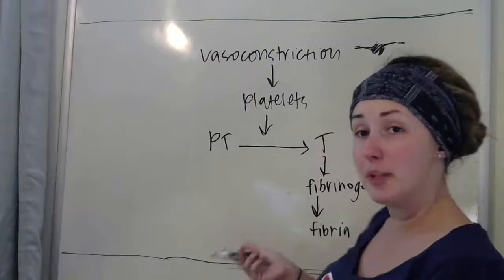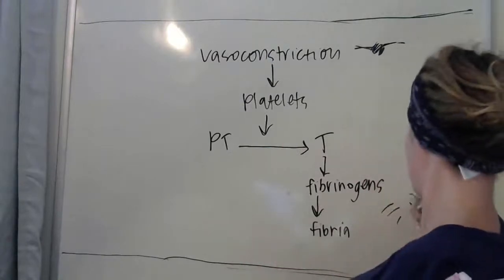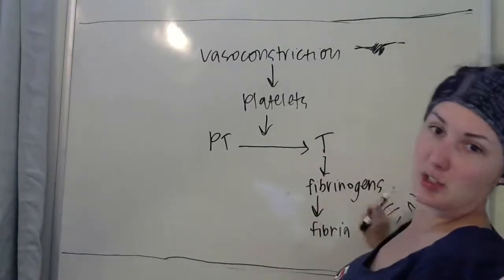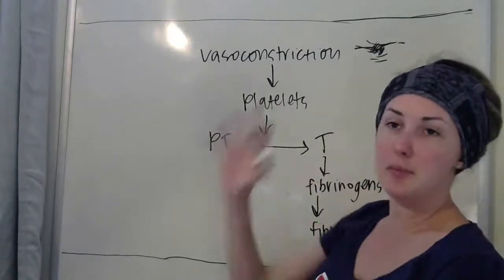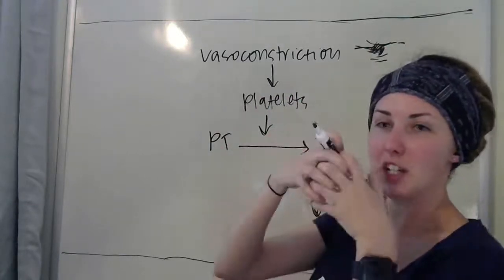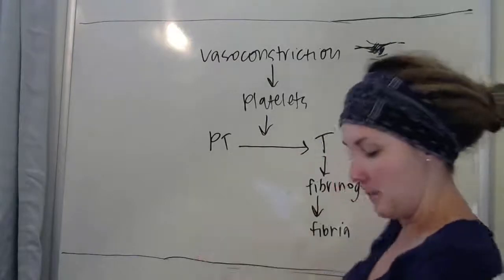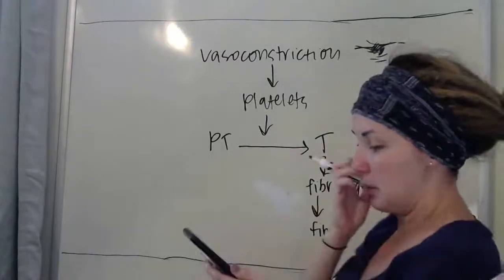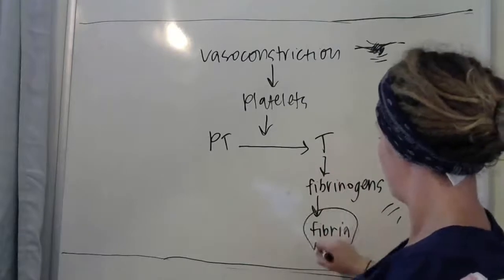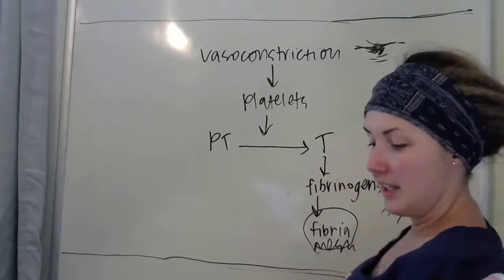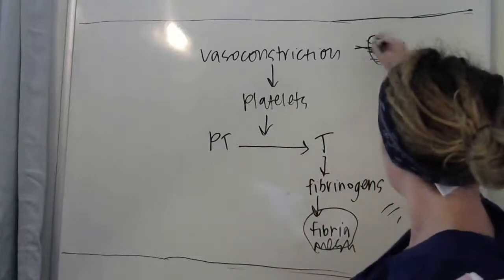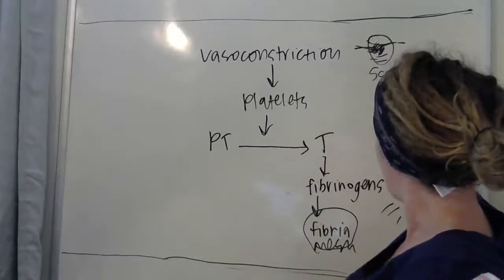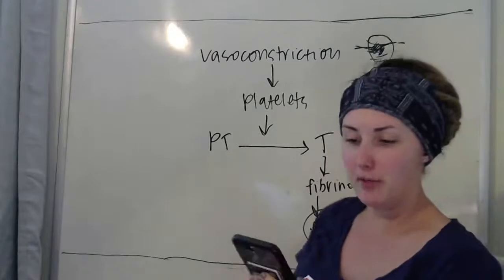And when I think fibrin, I think literal fibers, just a bunch of little fibers, and they're going to kind of come together in this space to weave back together, almost like you're sewing something back together. So then the last thing that they're going to do is form that fibrin mesh, and then it's going to create a platelet plug, which is your scab. So platelet plug, scab, problem solved.